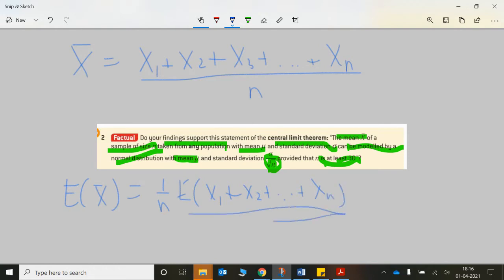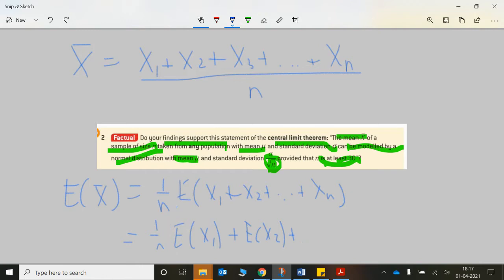Okay, and now we know from our results from before that that's the same as saying 1 over n E of x1 plus E of x2 and so on, all the way up to E of xn. And now because E of x1 and E of x2 all come from the same distribution, each one of those is just the same as saying E of x.